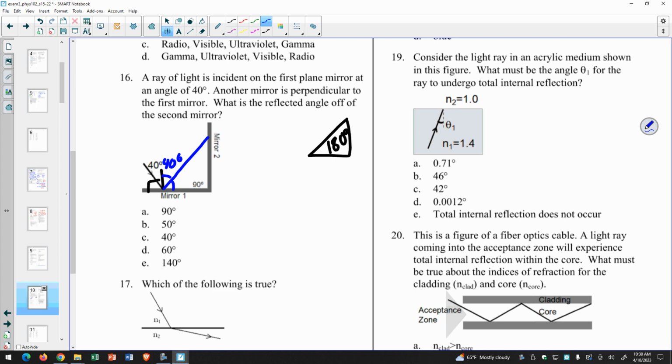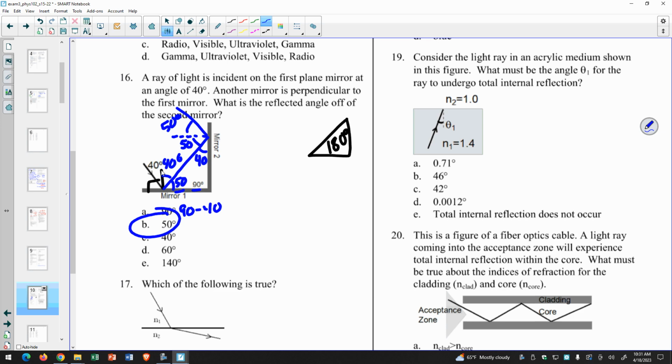That means that this angle right here, well, is 90 minus 40, or 50 degrees. And then notice that I have 50 and 90 already, so that's 140. That means that this angle has to be 40 degrees, which means this angle is 50 degrees, which means that the reflected angle is also 50 degrees.